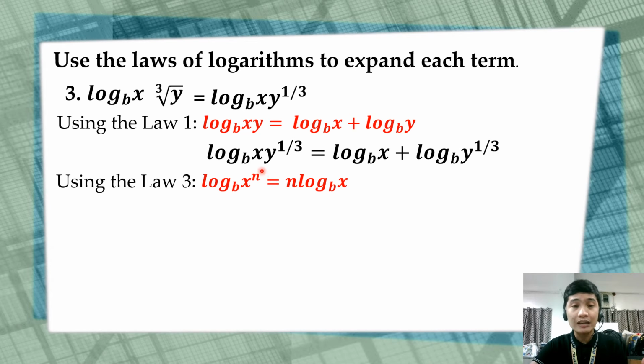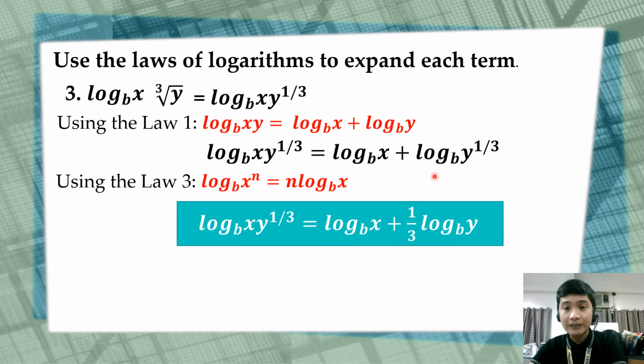So we actually write the exponent or the power before the logarithmic term. If we apply law 3 here, specifically in this part, the answer would be logarithm of x y raised to 1/3 base b is equal to logarithm of x base b plus 1/3. We just write 1/3 before logarithm of y base b.